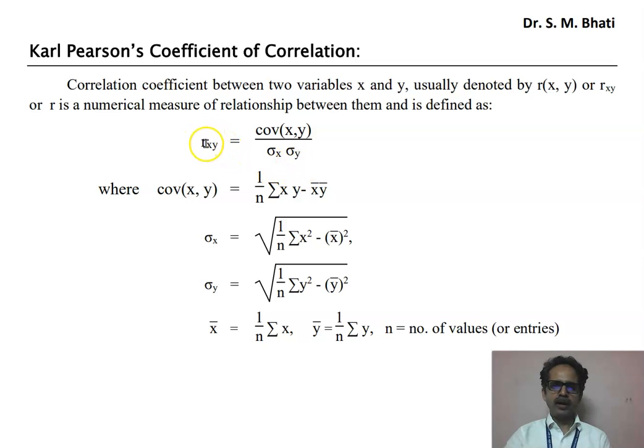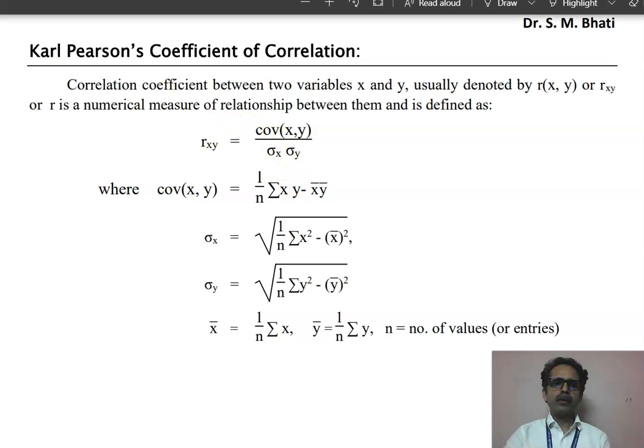So here r_xy means the Pearson coefficient of correlation between x and y. Simply, it is also denoted by r, or r(x, y).